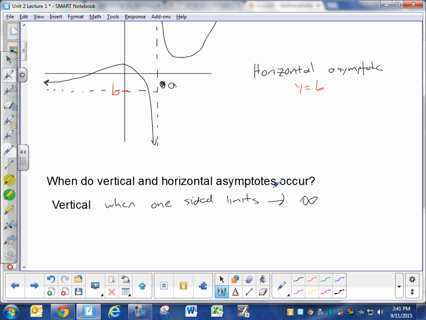We'll say approaches, but we also will use equals infinity. It's impossible to equal infinity, positive or negative infinity, but we'll just use that to denote approaching.